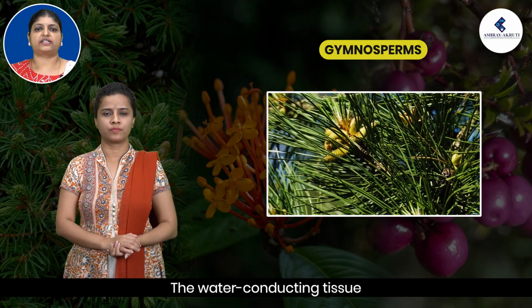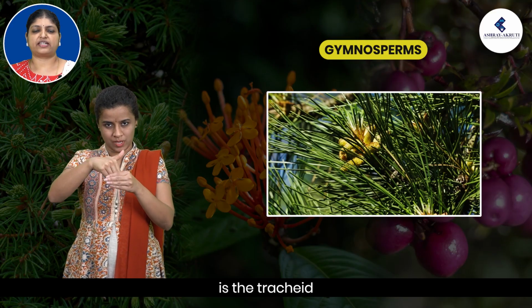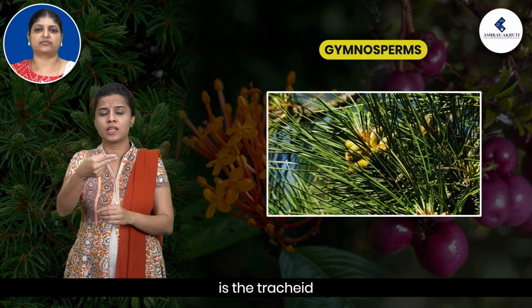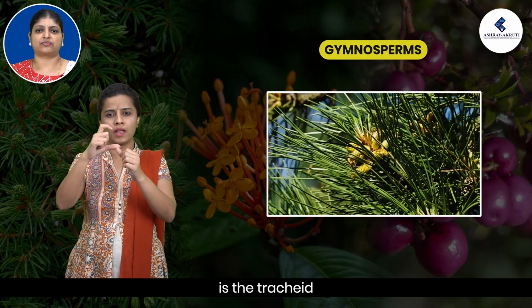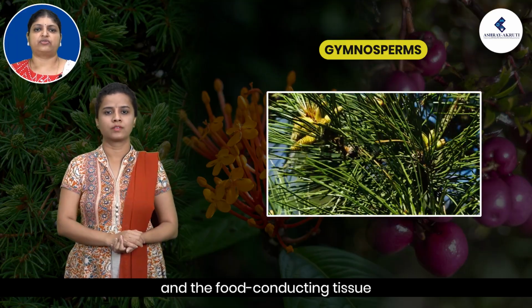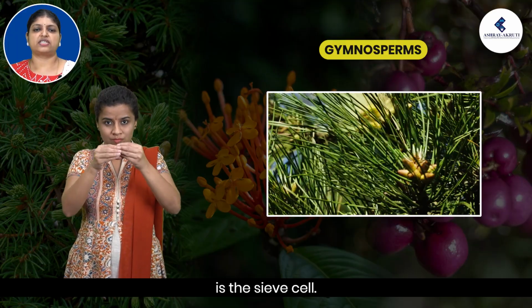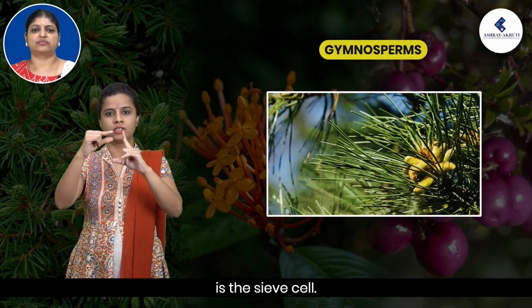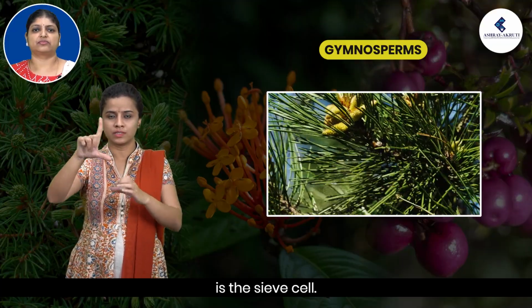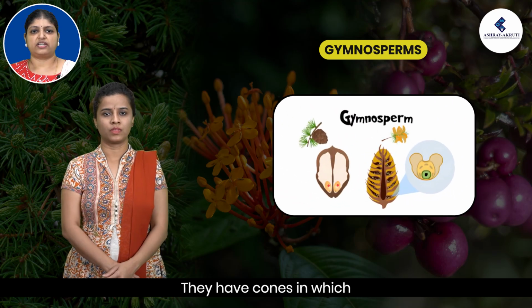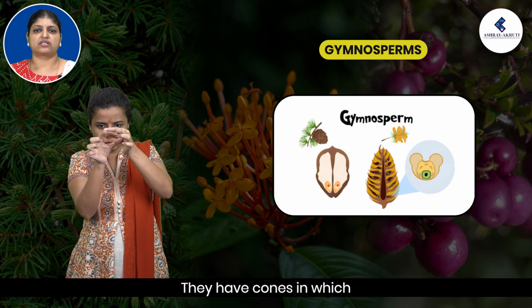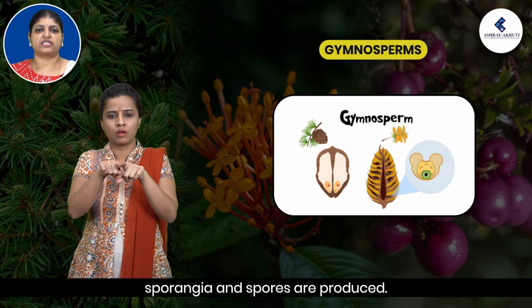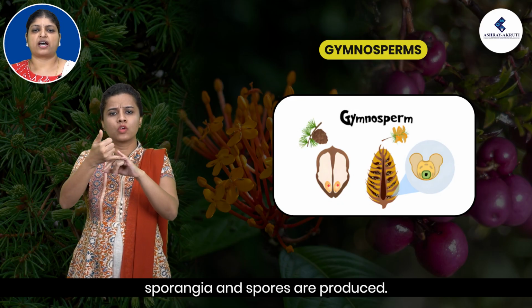The water conducting tissue is the tracheid and the food conducting tissue is the sieve cell. They have cones in which sporangia and spores are produced.